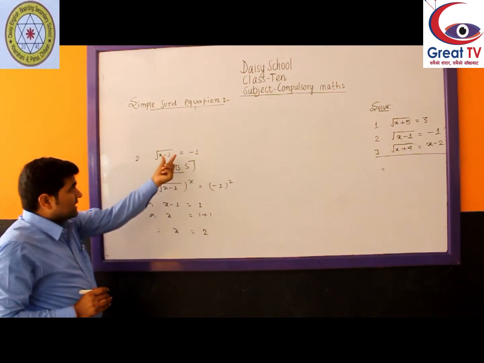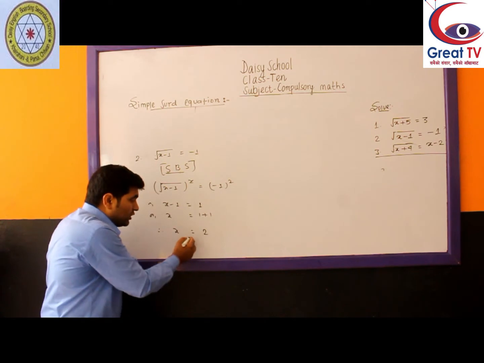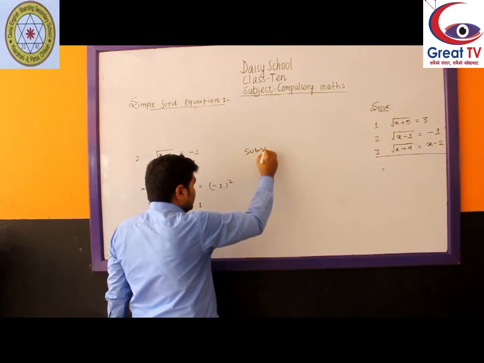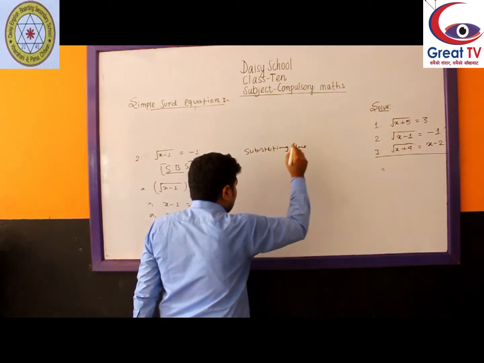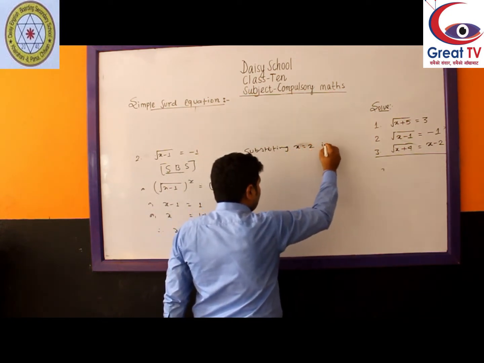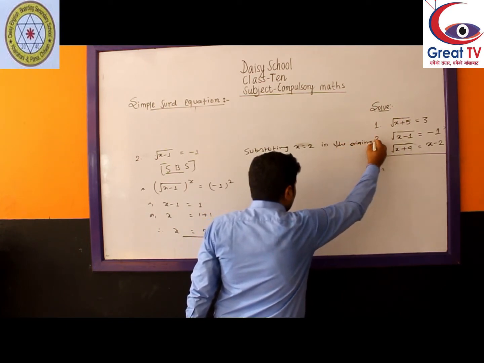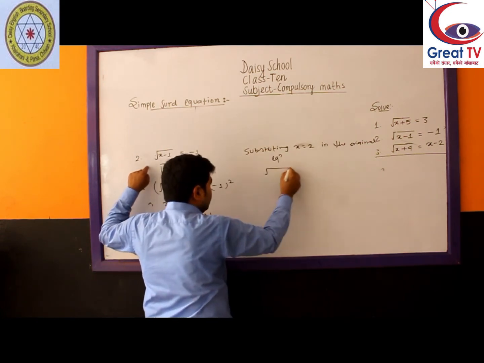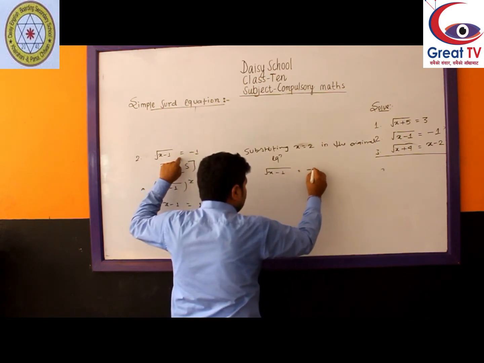Before putting it in that equation we can't say whether this one is perfect or extraneous. So first of all put the value of x in the original condition. Substituting x equal to 2 in the original equation, root under x minus 1 equal to minus 1.